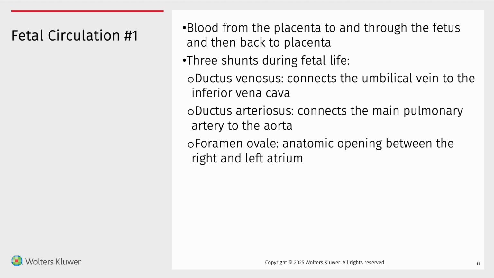It allows most oxygen-rich blood to bypass the fetal liver and enter the systemic circulation quickly. So why is this relevant to nursing students? Well, because after birth, the ductus venosus closes, as the liver takes over detoxification and metabolism.